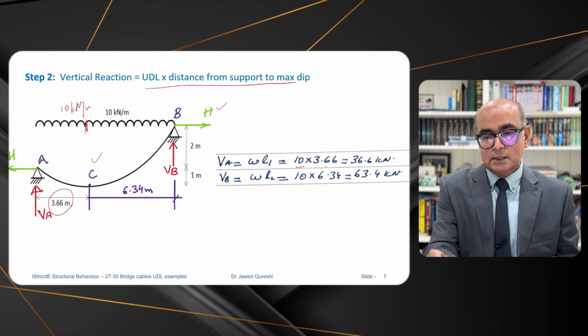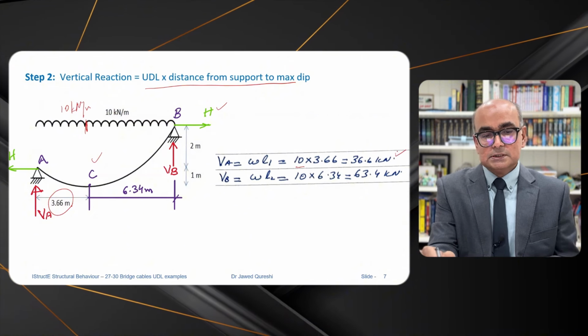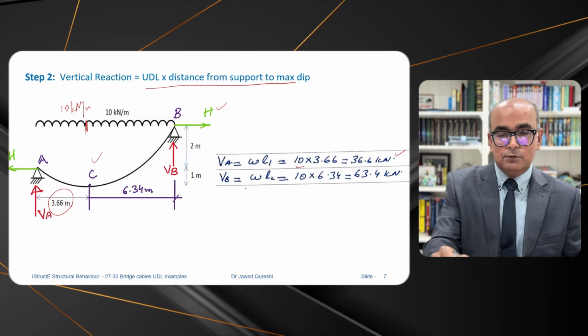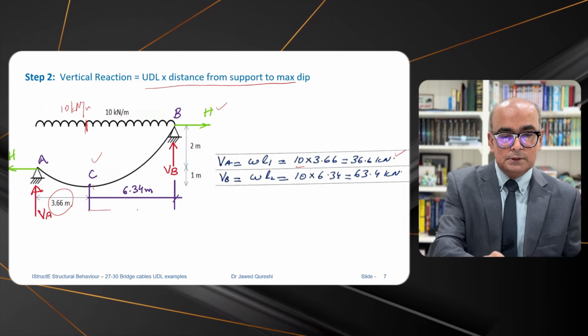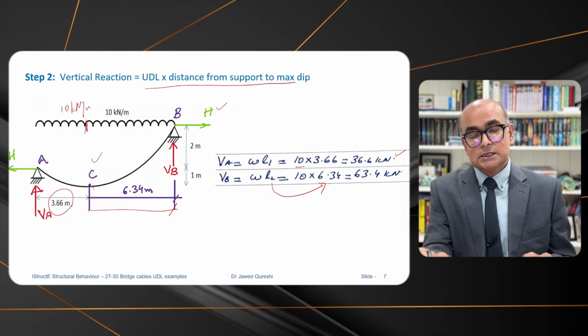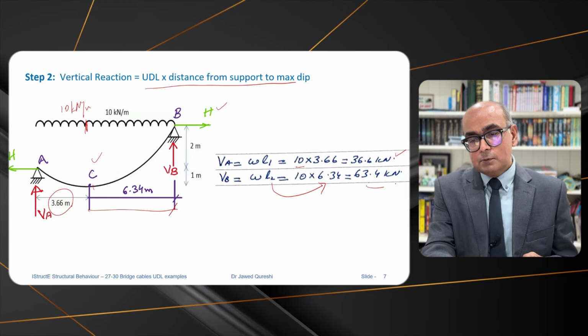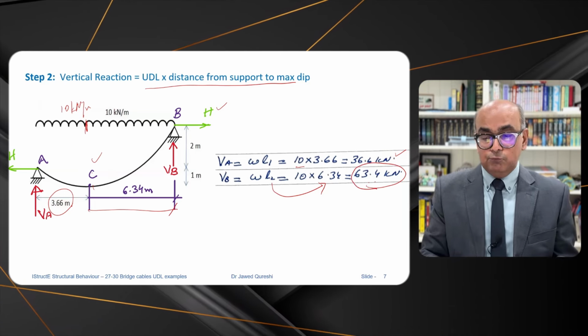So 10 times 3.6, it will give me 36.6 kilonewton. On the other hand, for the right side, simply it's UDL up to this point, and distance between B and C. Distance between B and C is 6.34, and from here we get the value of reaction as 63.4 kilonewton.